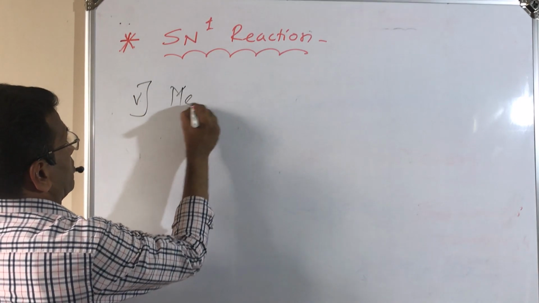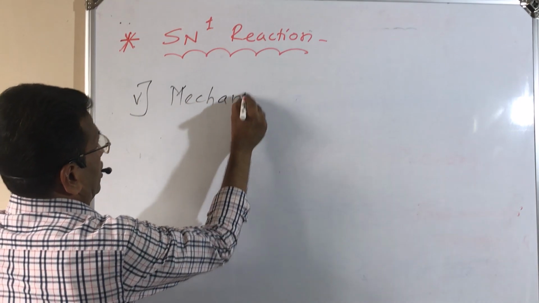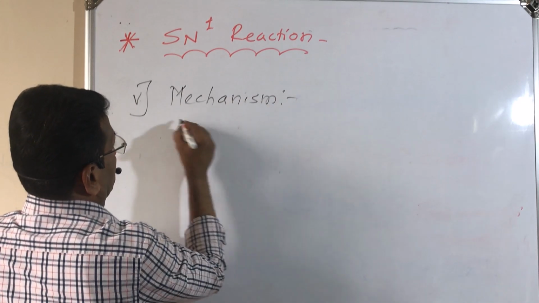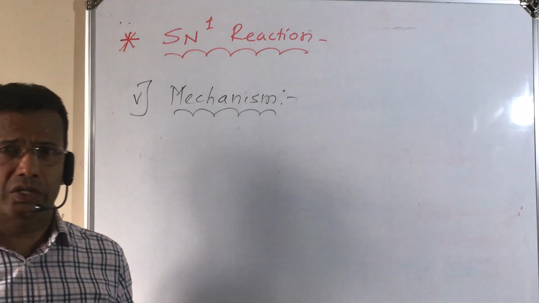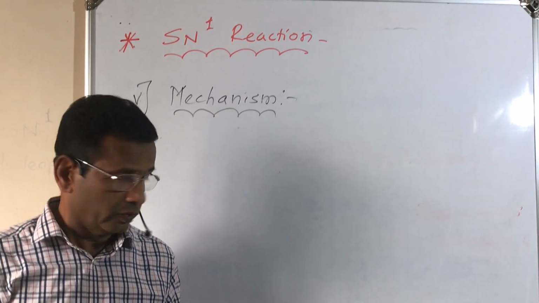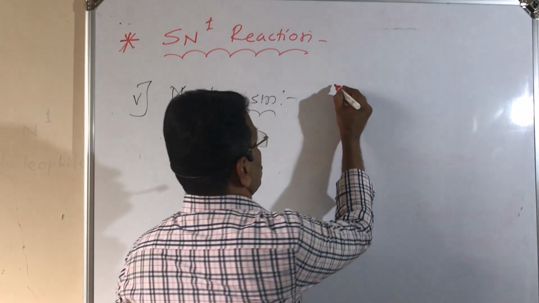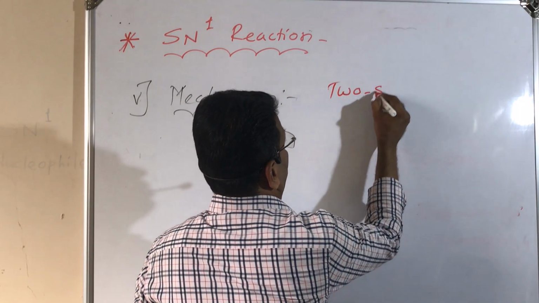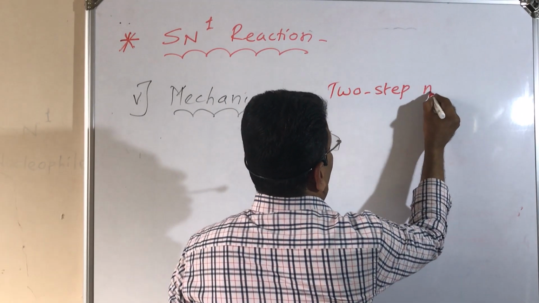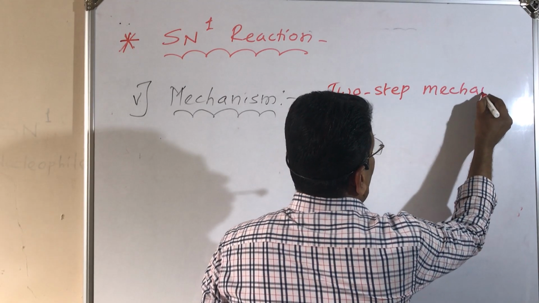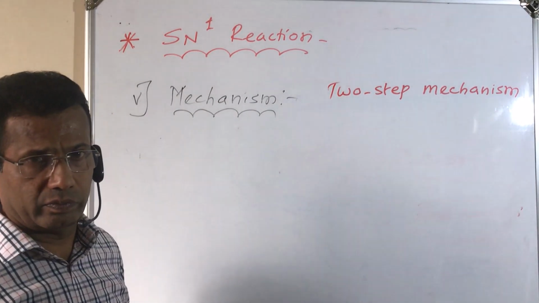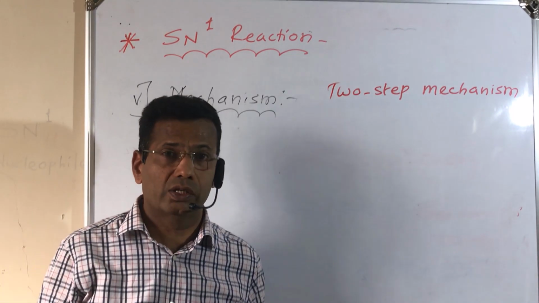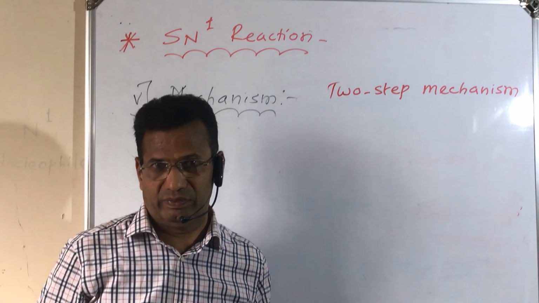Reaction mechanism of SN1 reaction. As SN1 is taking place in two steps, this is a two-step reaction mechanism, while SN2 was taking place in one step, so that mechanism was a single-step reaction mechanism.